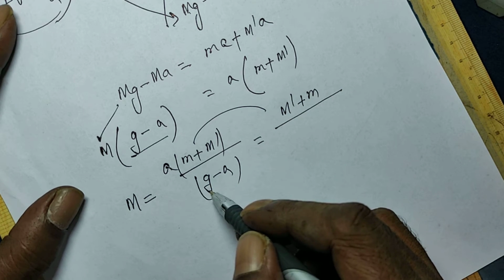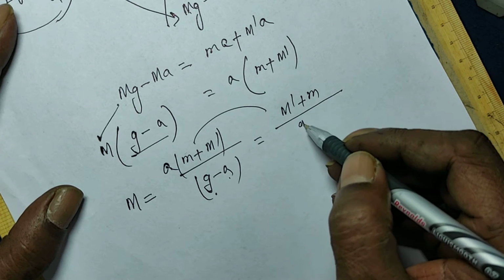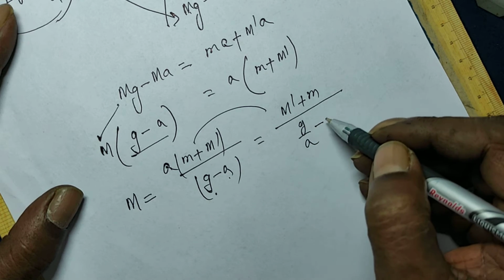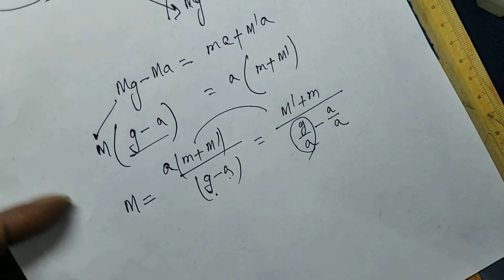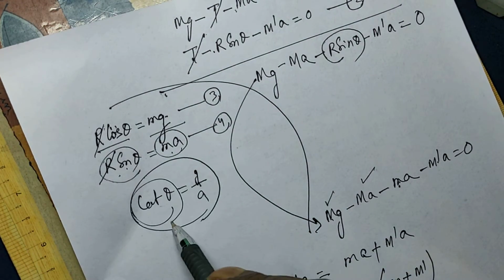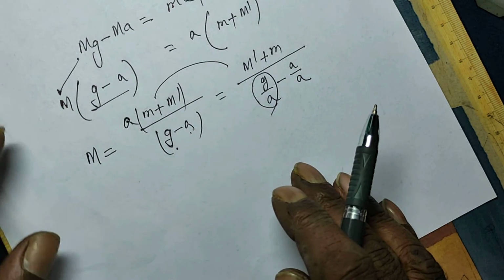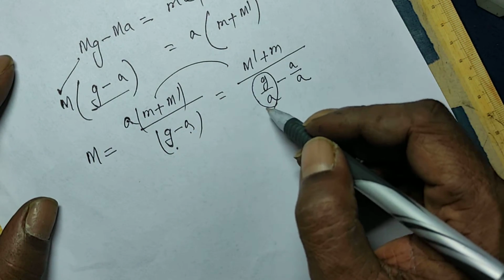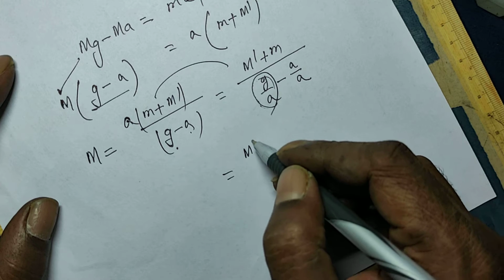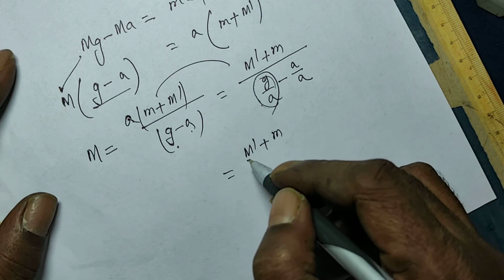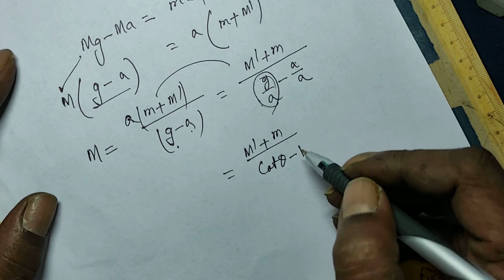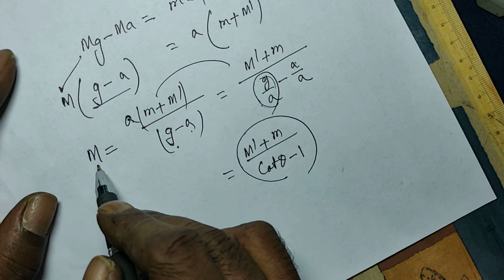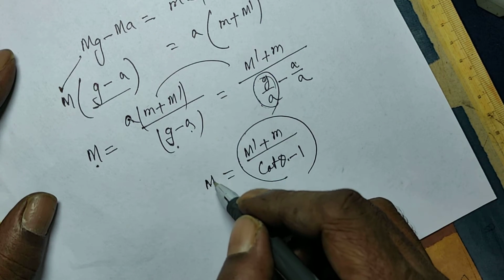So a will be divided here and here, so equal to g over a minus a over a, and g over a, I explained how this is equal to cot theta. So for this I write cotangent theta minus a over a is 1. So I began from here, I arrived here.